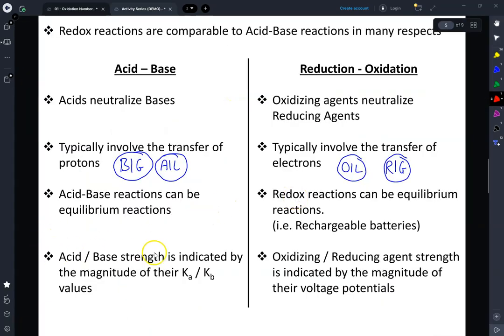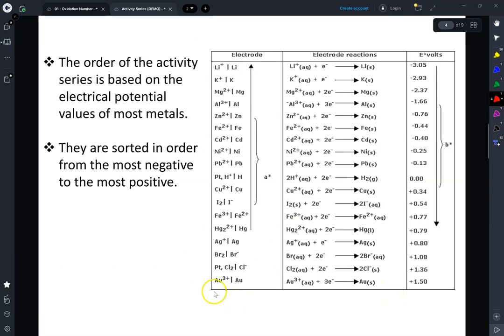When it comes to acids and base strength, they are indicated by the magnitude of their Ka and Kb values, while similarly with redox reactions, the oxidizing and the reducing agent strength is indicated by the magnitude of their voltage potentials. So looking at our reduction potential table, gold has a magnitude of 1.50. Because it is a positive value, it is being reduced, so it's gaining electrons, which makes it an oxidizing agent.